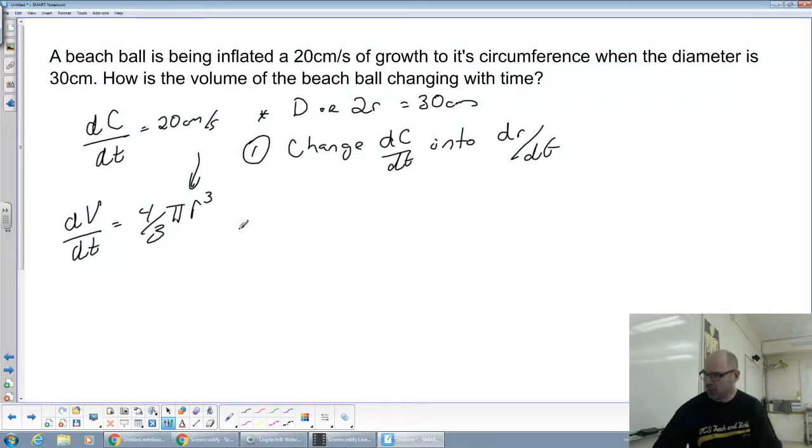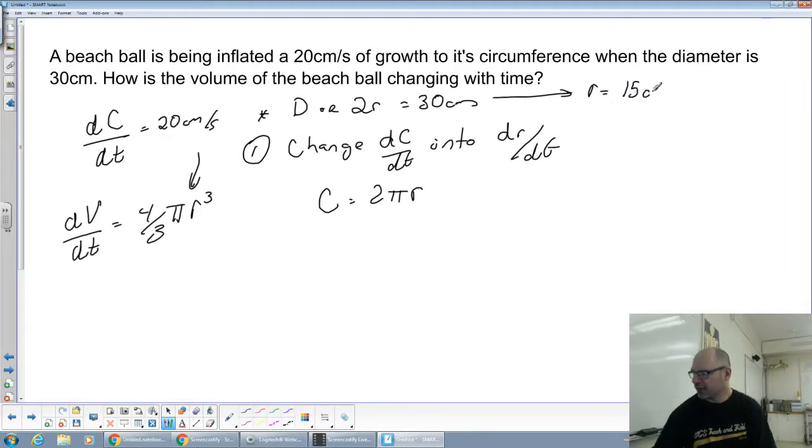So the circumference formula is equal to 2 pi r. We know that r is going to be equal to 15 centimeters, because 2r equals the diameter.